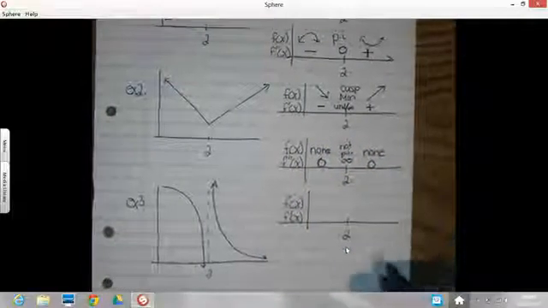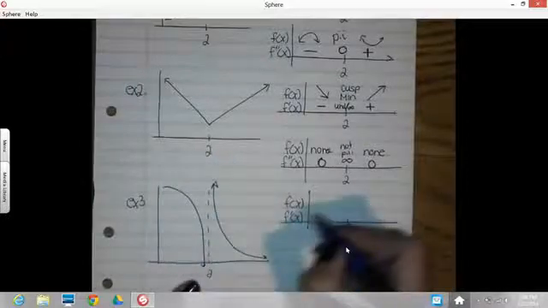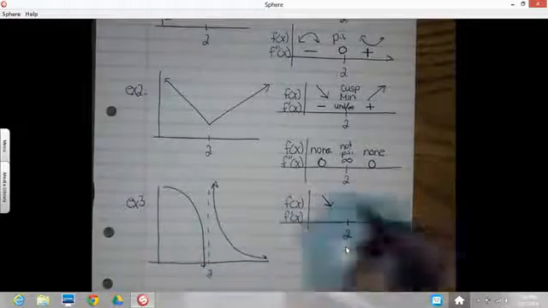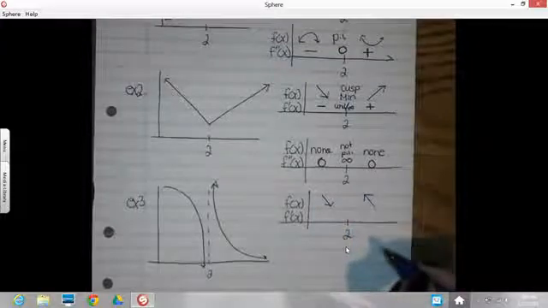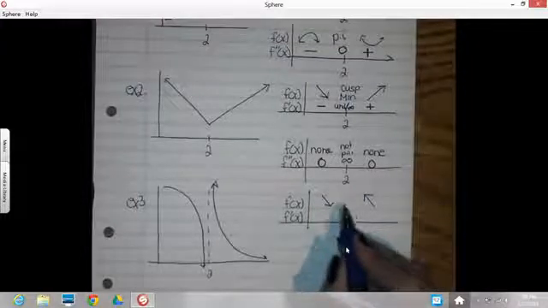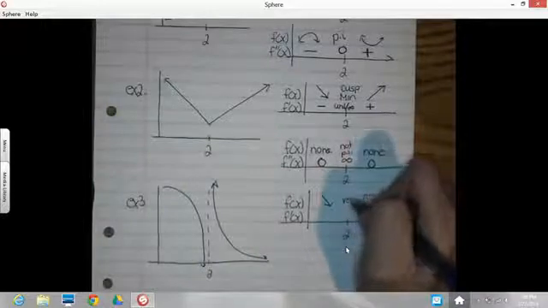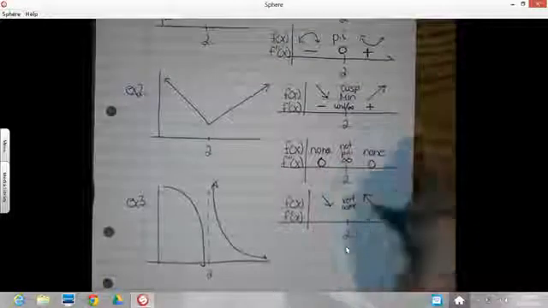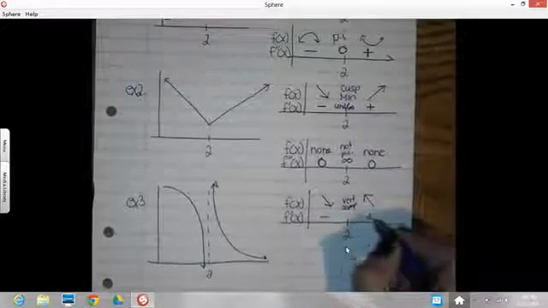All right, increasing or decreasing. So before the 2, I am decreasing. After the 2, increasing. Here I can see I've got a vertical asymptote. Derivative would be negative, positive, and definitely undefined.